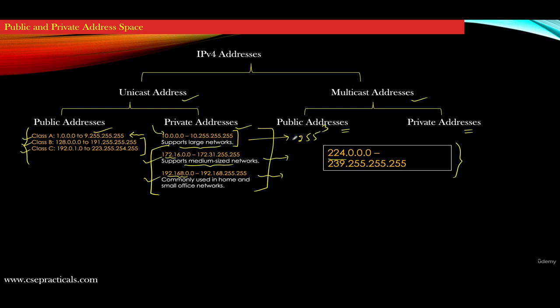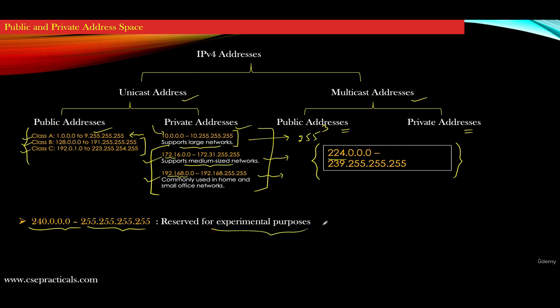So for multicast, this is the range of IP addresses that we use. Then the remaining range that we have not discussed, that is the range of IP addresses from 240 to the last IPv4 address, is reserved for experimental purposes.